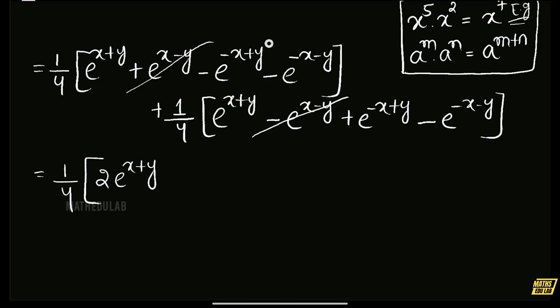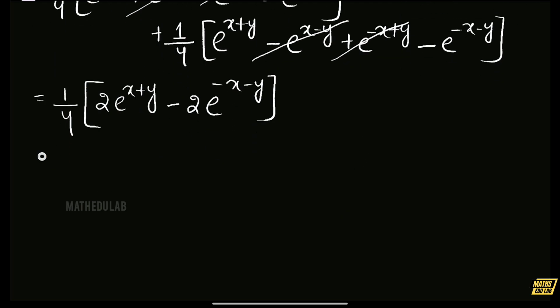And the negative term of e to the power minus x plus y and the positive term of e to the power minus x plus y get cancelled out. And then e to the power minus x minus y and minus e to the power minus x minus y, so we write it as minus 2 e to the power minus x minus y.